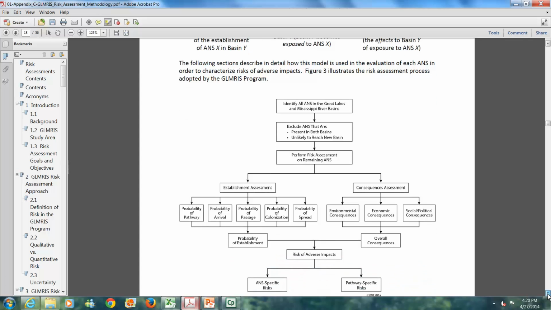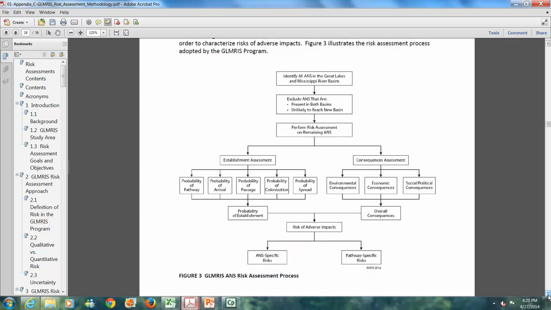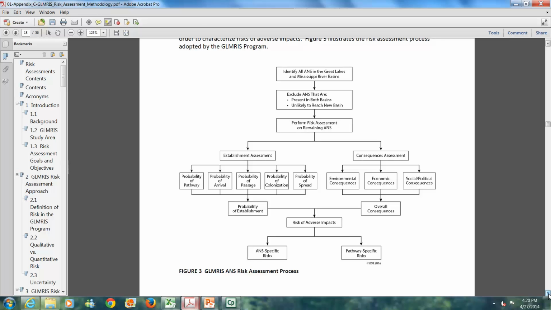This diagram here unpacks that equation. This is the risk assessment process that was used. First, they identified all the aquatic nuisance species in the Great Lakes and the Mississippi River basins. Then they excluded those that were already present in both basins because there's no risk of transfer if they're already there.